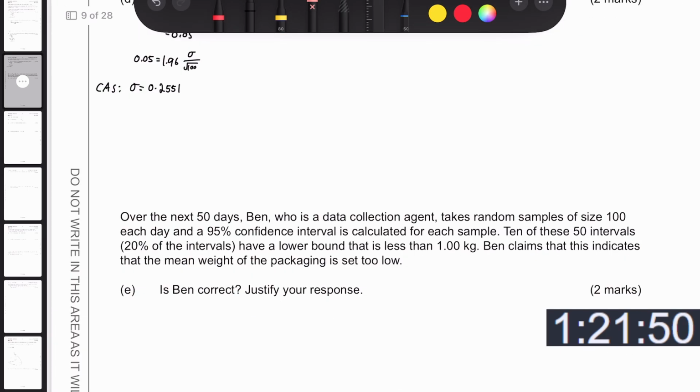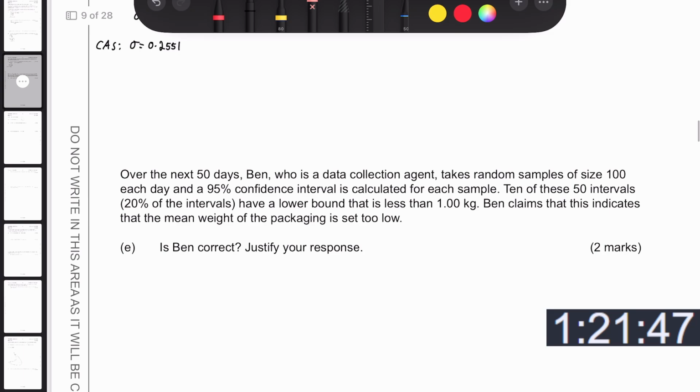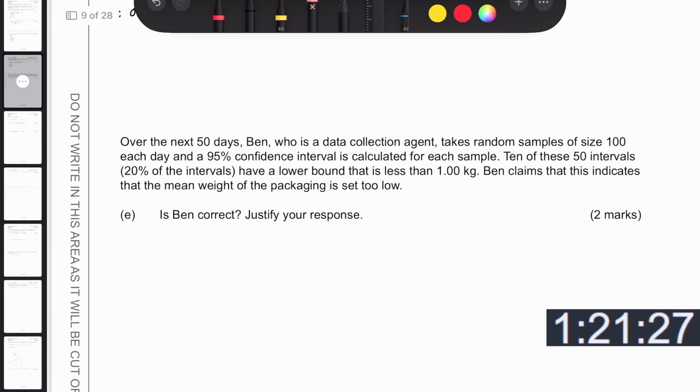Over the next 50 days, Ben, who is a data collection agent, takes random samples of size 100, and each day a confidence interval is calculated. Ben says that the percentage of the intervals that have a lower bound less than 1 kilogram is too high. Is Ben correct? Justify your response.